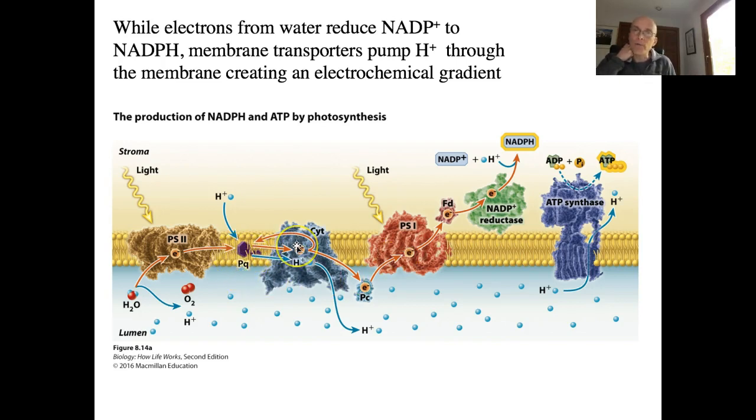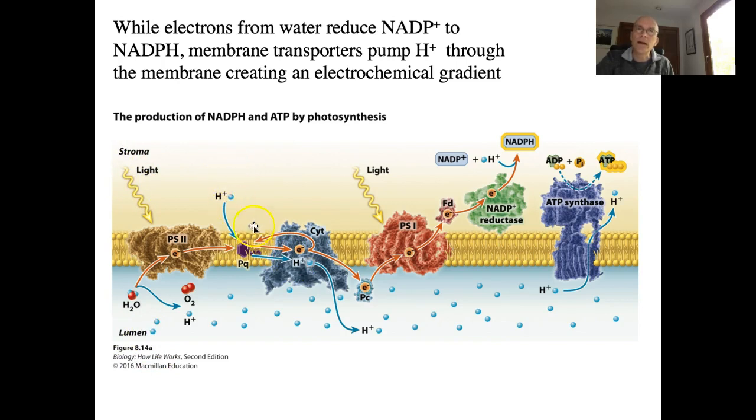Now, these are all membrane proteins, and they're also membrane transporters. So we talked about membrane transporters in general, and we talked about them specifically when we talked about cellular respiration. And now we're talking about them again specifically when we talk about photosynthesis. So these membrane transporters can transport the electrons. So there's a reaction going on, but they're also pumping hydrogen ions from the stroma into the lumen.